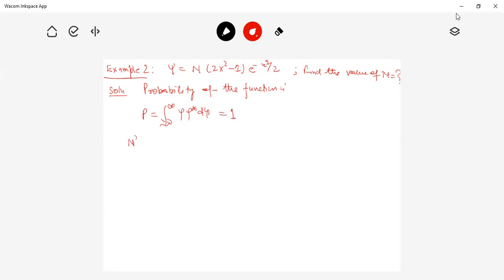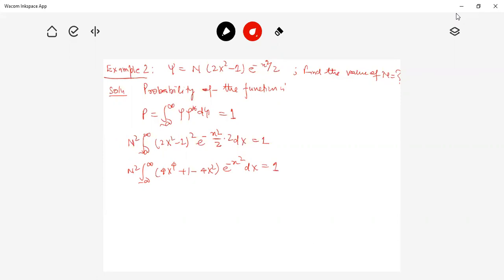So we have N square, integral minus infinity to plus infinity, (2x square minus 1) whole square e raised to the power minus x square upon 2 into 2 dx. This is equal to 1. So N square, integral minus infinity to plus infinity, (4x to the power 4 plus 1 minus 4x square) e raised to the power minus x square dx. This is equal to 1.